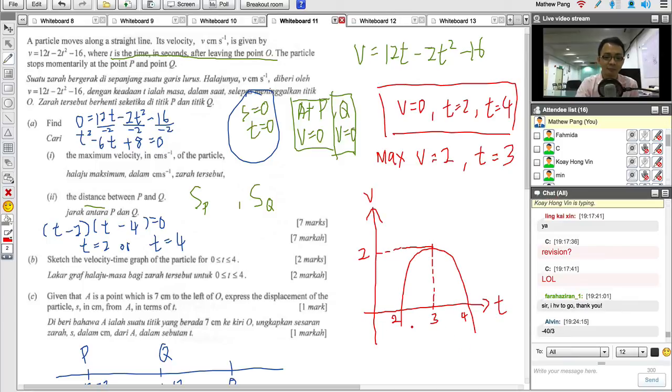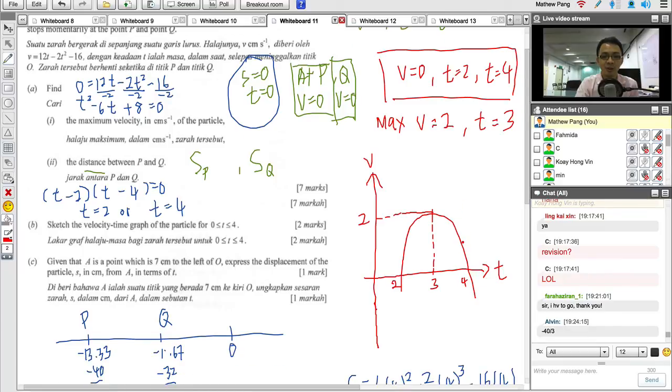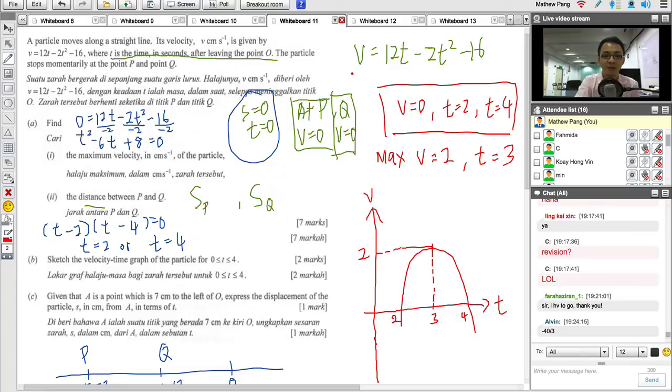First 4 seconds, right? Maybe you need a y-intercept also, when t equals 0. Sorry, you will need when t equals 0. At t equals 0, you got negative 16.